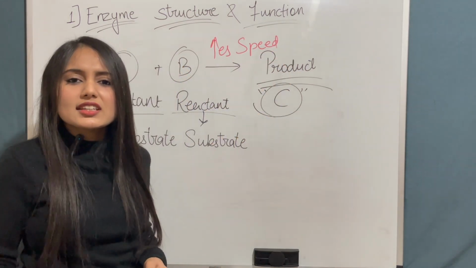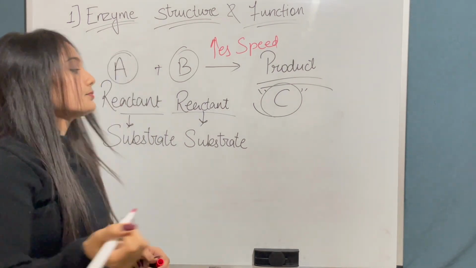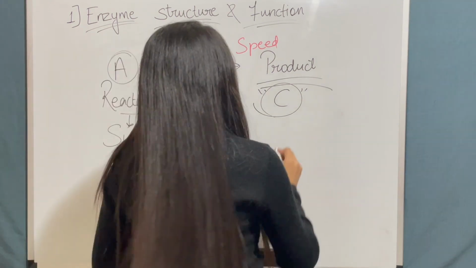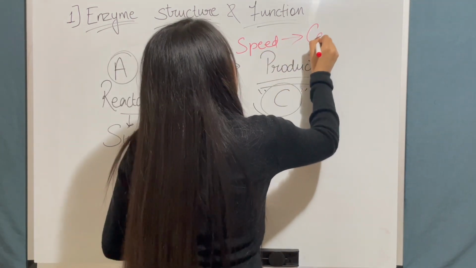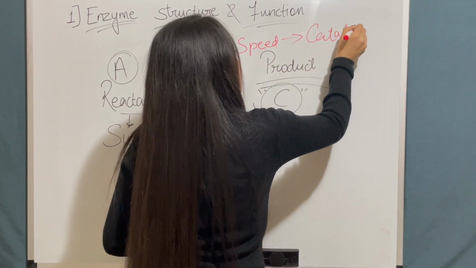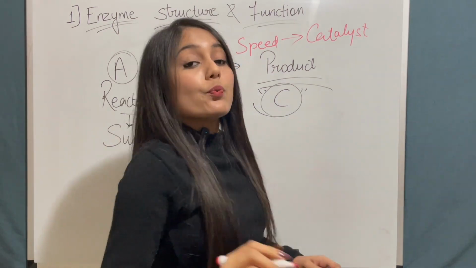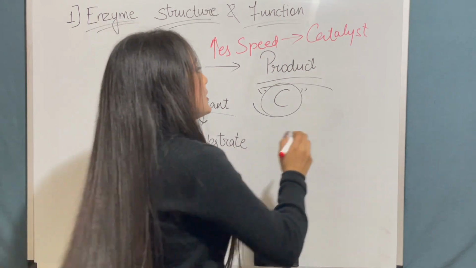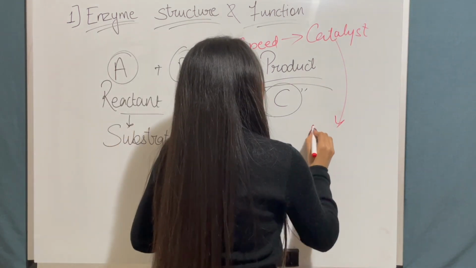But do you know what can increase the speed of a reaction? Something that is called a catalyst. Yes, what increases the speed of the reaction? A catalyst. And when we are talking about a biological reaction, we can also call this catalyst a biocatalyst.